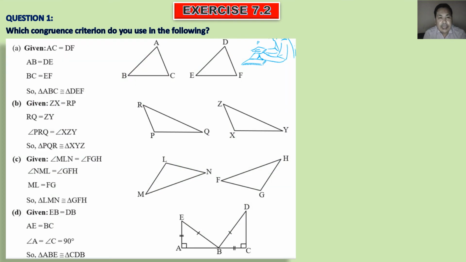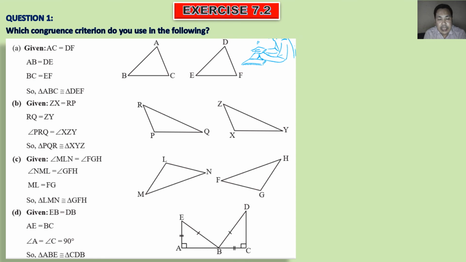See, in the question all the diagrams are given here. We have four questions here, A, B, C, D, and in each, diagrams are given. See, in the first one, A, there is triangle ABC and triangle DEF.